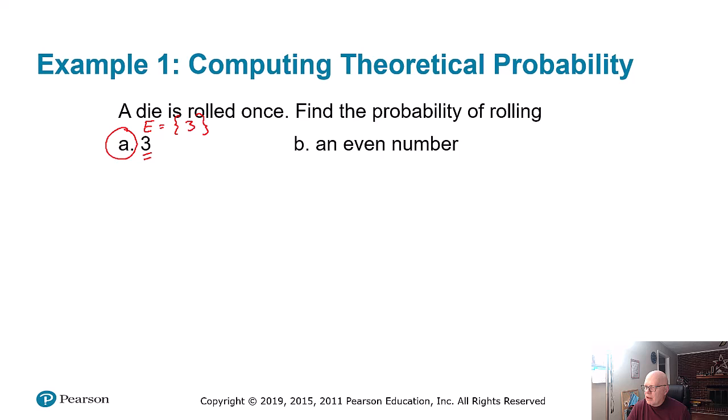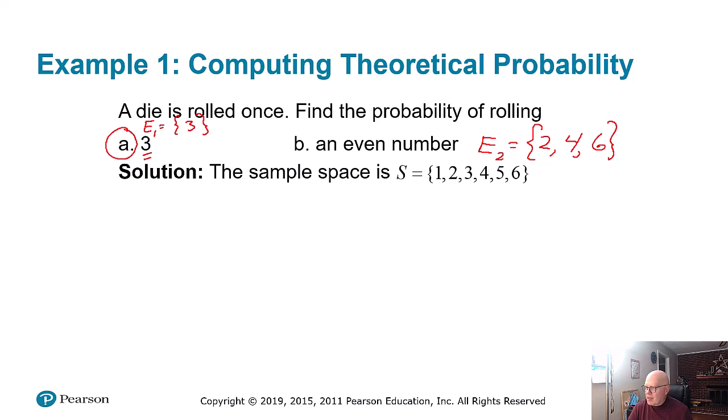For the second, what we'll be looking at in the case of this die is our event. We'll call this event 1 and this event 2. An even number could be a 2, could be a 4 in that die, or it could be a 6. And those possible simple outcomes put together create an event called getting an even number. The sample space contains all of 1, 2, 3, 4, 5, and 6.